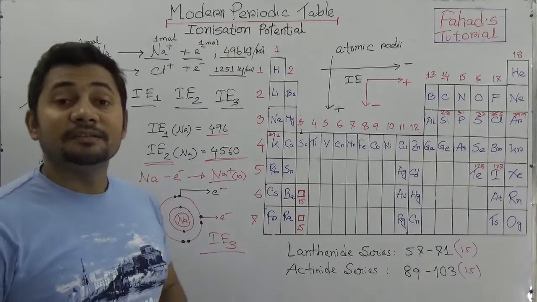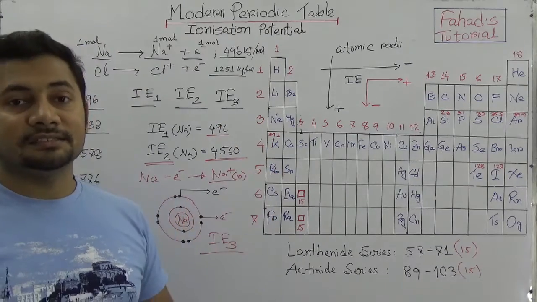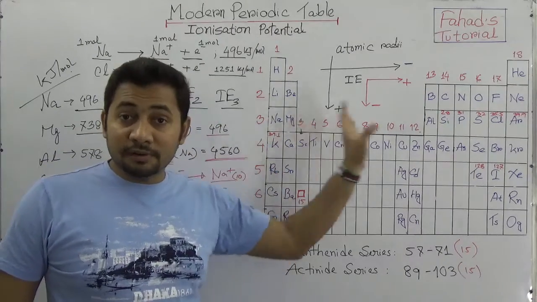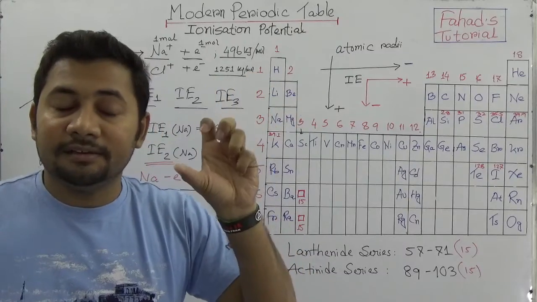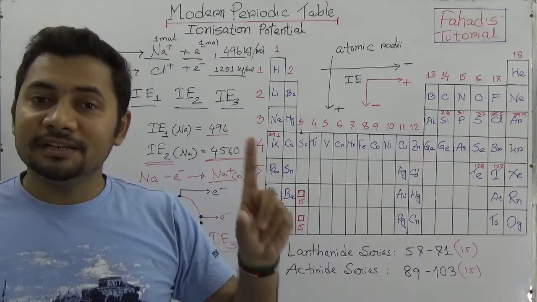Because the more atomic radius, the less ionization energy.